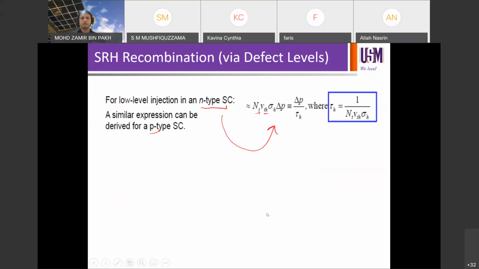So in this case, it's simplified to hole capture cross section times excess carriers of the electron, delta P, and it can also be equated to delta P over tau H, lifetime of the hole, where tau H is equal to the inverse of 1 over nt times thermal velocity times hole cross section.